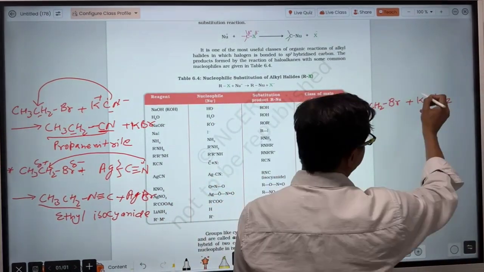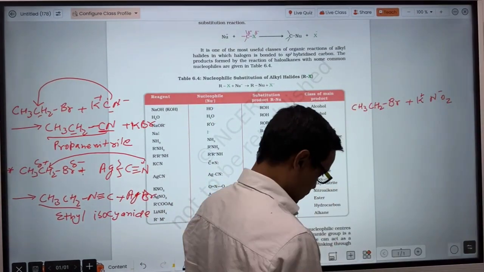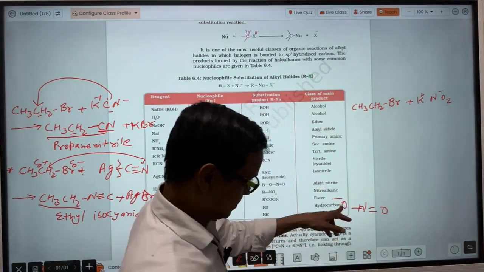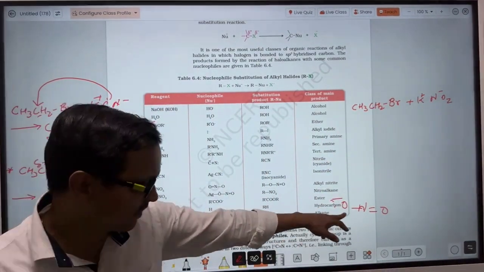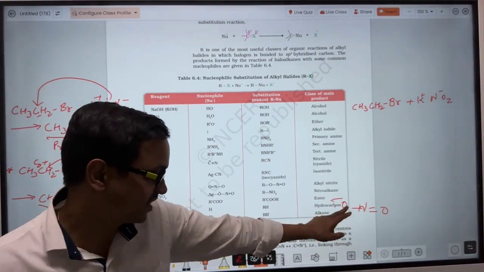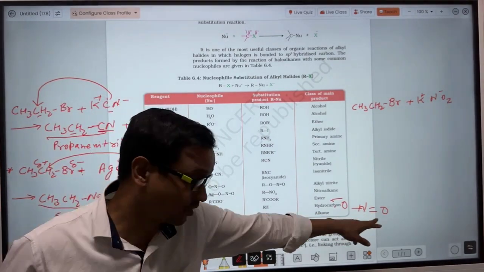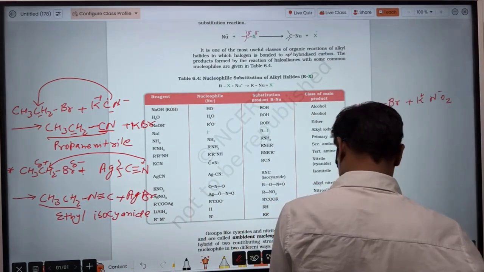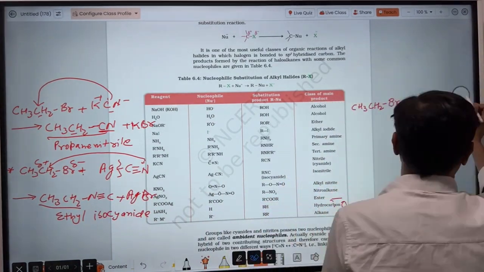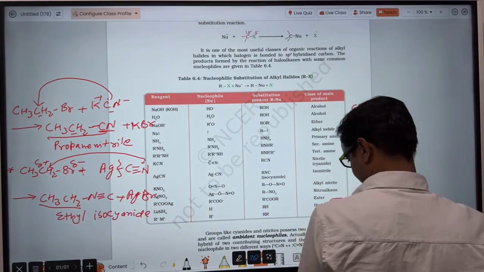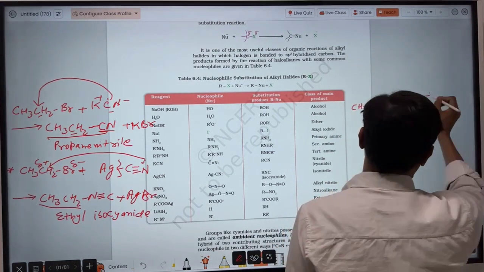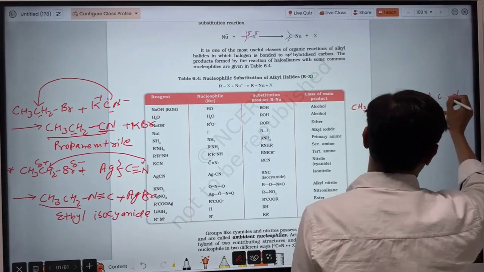Here K plus and NO2 minus. Of NO2 minus, the extra electron will be with this oxygen. So this oxygen will have high electron cloud density compared to this nitrogen and this oxygen. When you draw the structure here, again I am replacing another one. So NO2 is like this.